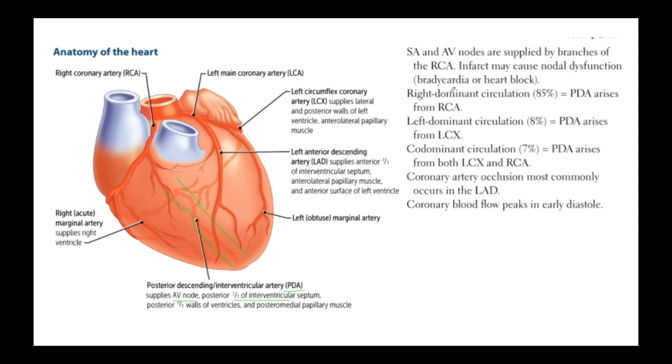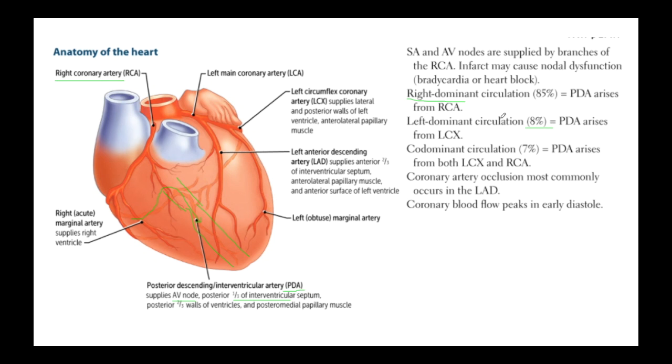So in the majority of people, there is a right dominant circulation where this artery, the PDA, arises from the right coronary artery. So it goes down.